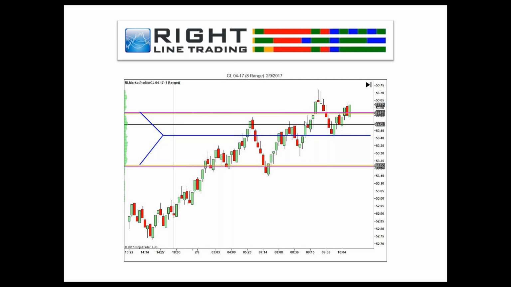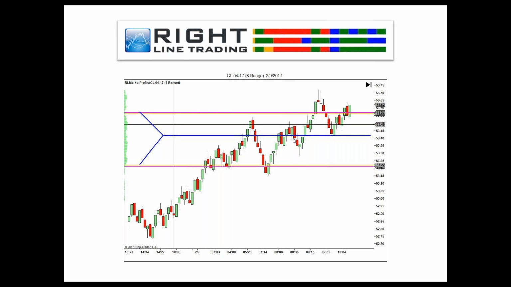Now, this is our market profile. It's not all the information displayed at once, but this is what you're going to see when you look at our volume profile. I purposely minimized the size of the histogram in order to very clearly display for you the value area high and the value area low.